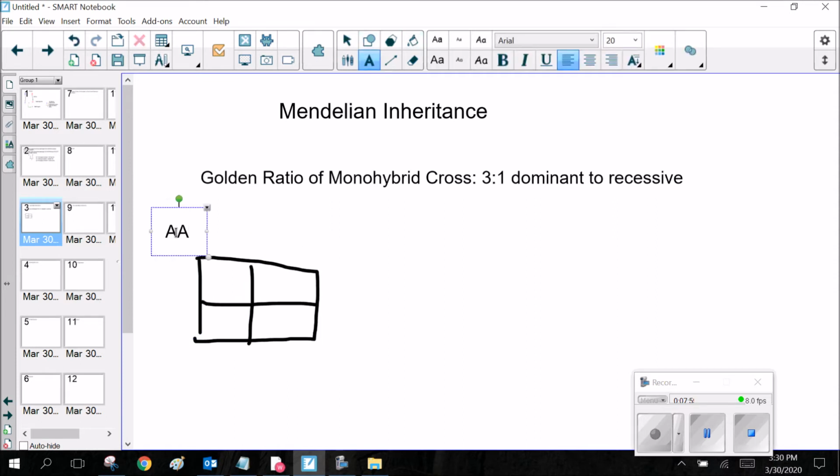I'm just going to say big A, and little a. So he took the pure breeding plants for recessive and dominant, and he went ahead and he crossed them together. So he had his big A, and then his little a. And all of the organisms that came out of that cross were big A, little a. They were all hybrids.